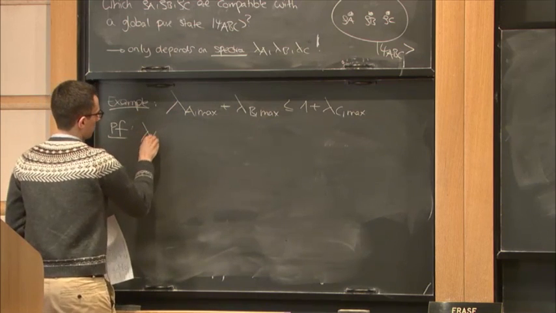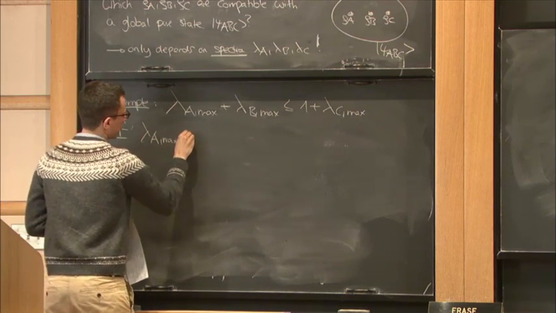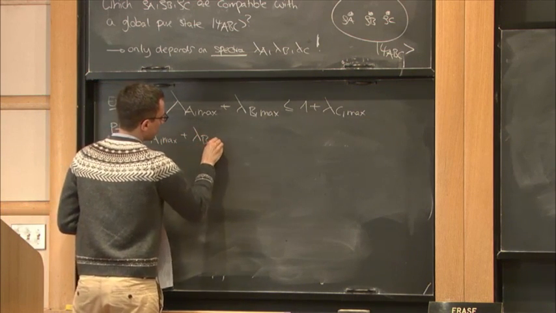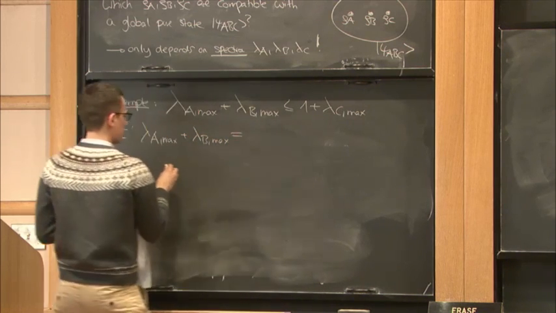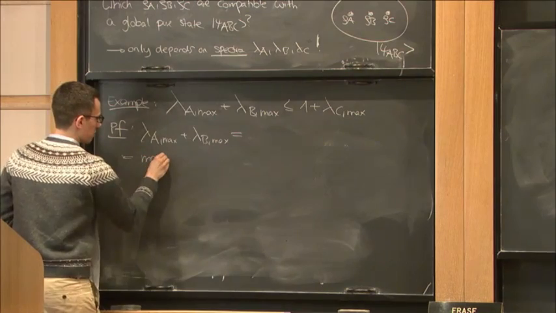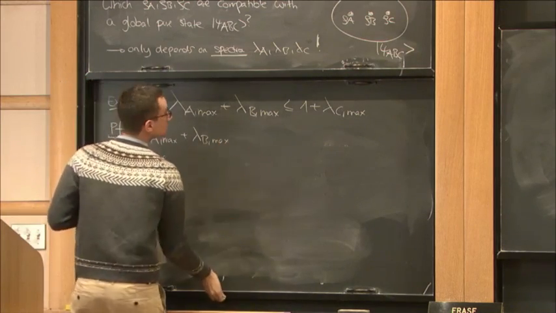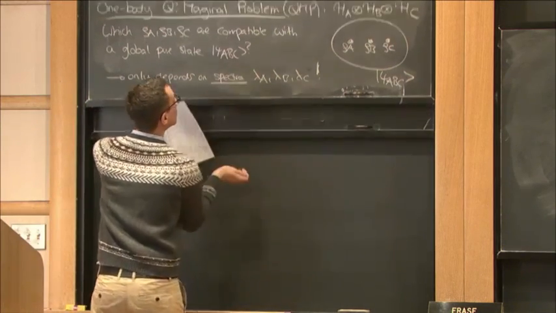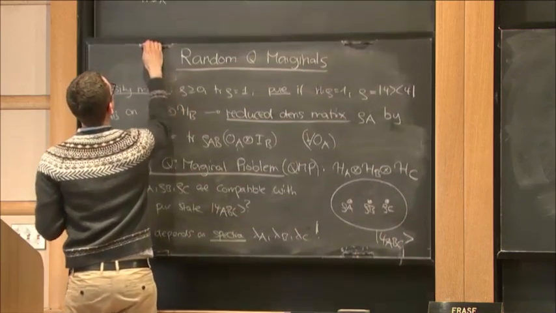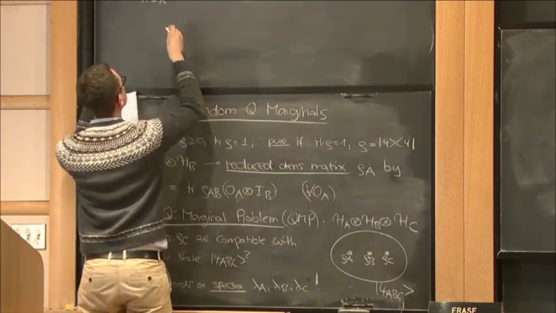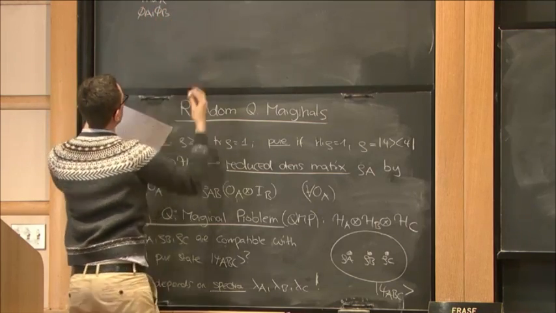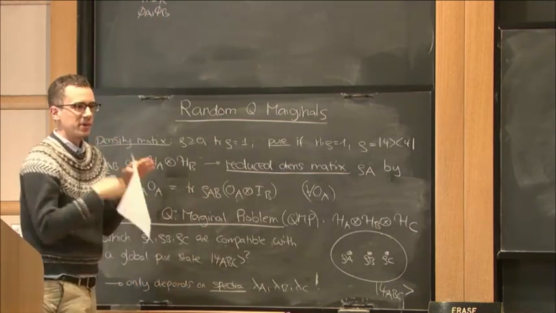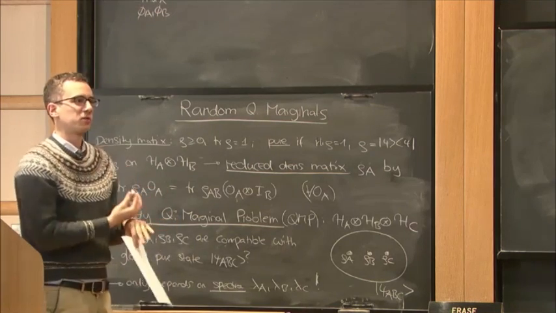So take the sum of maximal eigenvalues, and just write it as... now we'll probably get into trouble with space. That was not so clever. So just write this as, the maximal eigenvalue is the maximal expectation value of a projector.